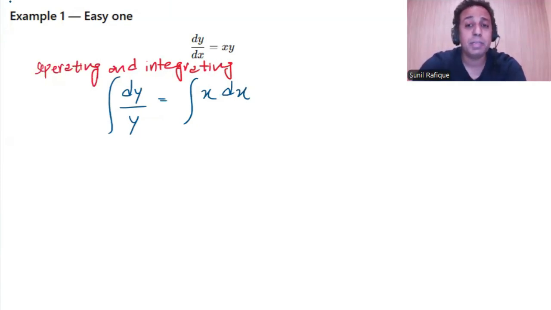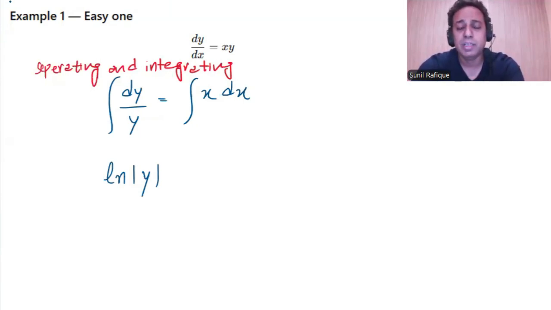You can check your formula booklets, or with practice you'll be able to memorize that this is ln y. Sometimes they do write it as the absolute value of y as well. The only reason is that the domain of log cannot be negative. So it's okay if you want to put y or the absolute value of y, it's fine.